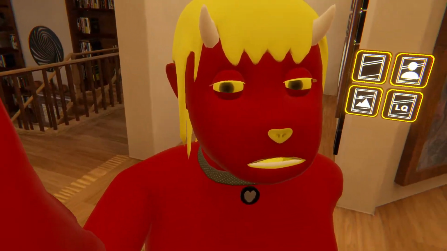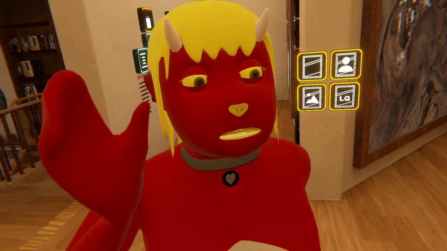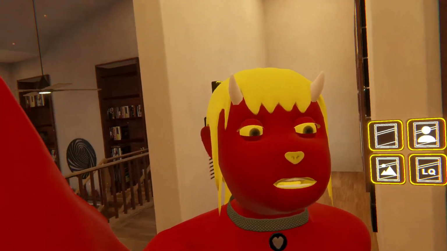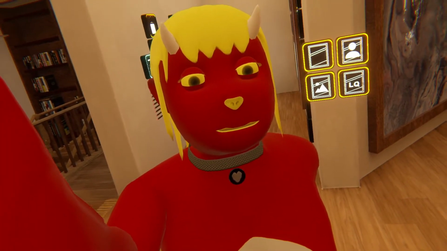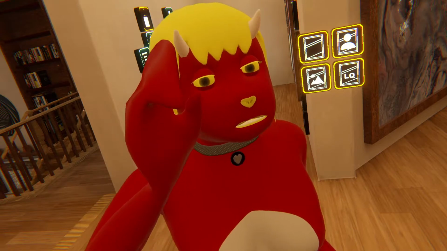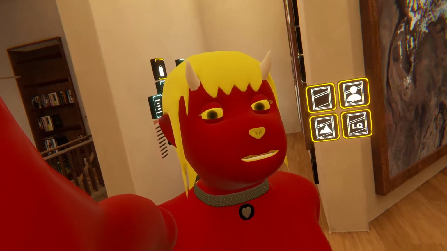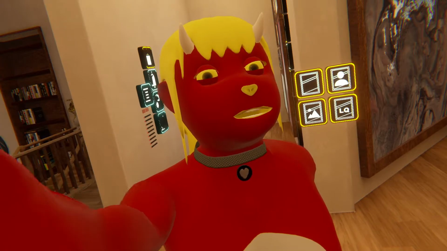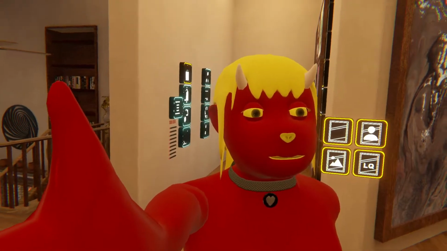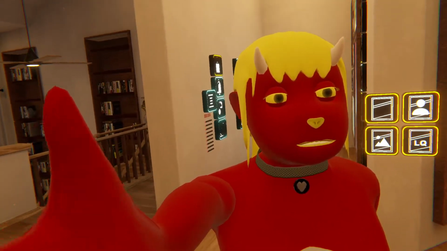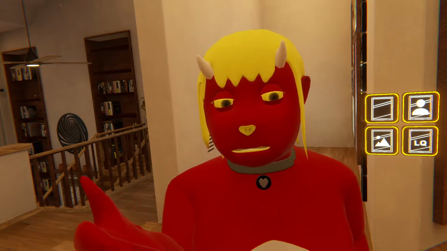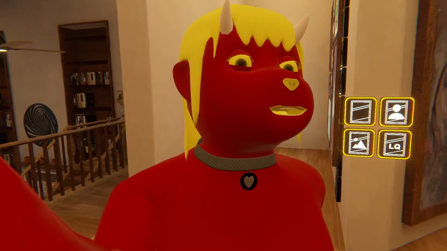If I were to get a headset with eye tracking or finger tracking, theoretically that would all work. I don't know how well finger tracking would work with the mittens, but still, it's a possibility. And I'll have to have a friend who runs on an Index. I'll have to see what happens if they clone the avatar.